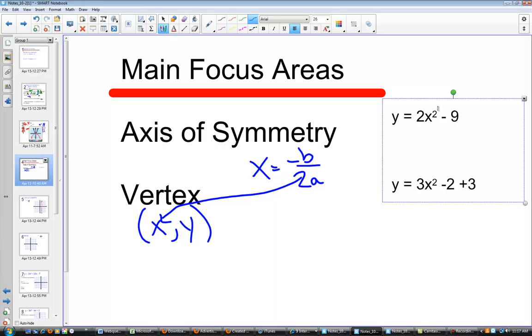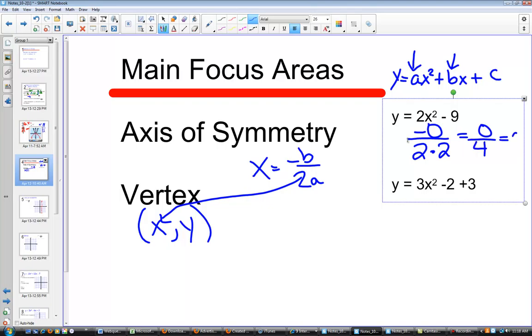So let's see. Our standard form is ax squared plus bx plus c. We're looking for the a value and the b value for our equation. The b value here, do you agree? There is no x term, so we're going to have 0. Negative 0 over 2 times 2 is 0 over 4, which is 0.